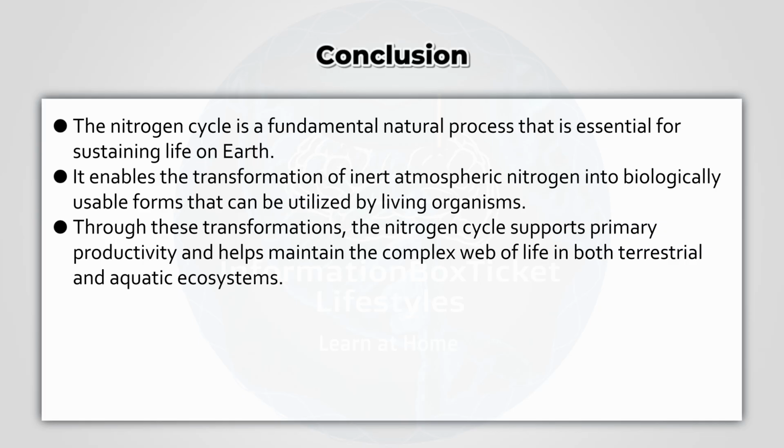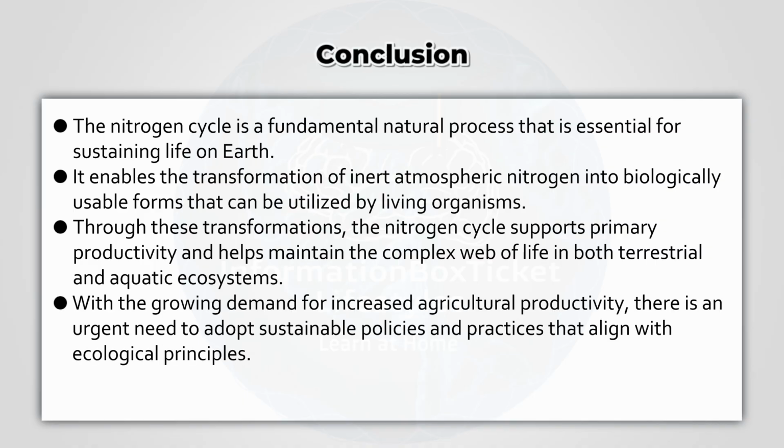Through these transformations, the nitrogen cycle supports primary productivity and helps maintain the complex web of life in both terrestrial and aquatic ecosystems. With the growing demand for increased agricultural productivity, there is an urgent need to adopt sustainable policies and practices that align with ecological principles.